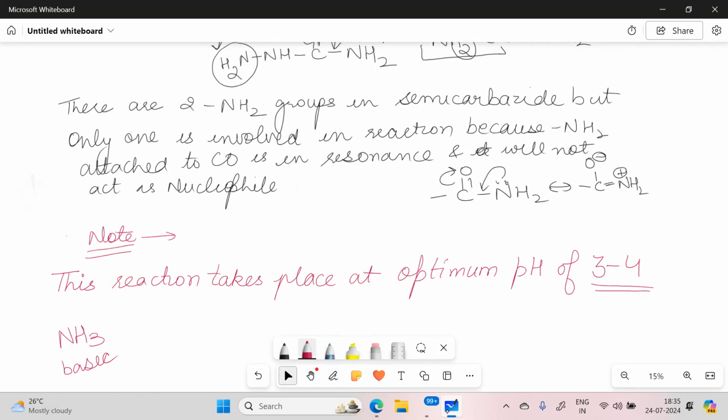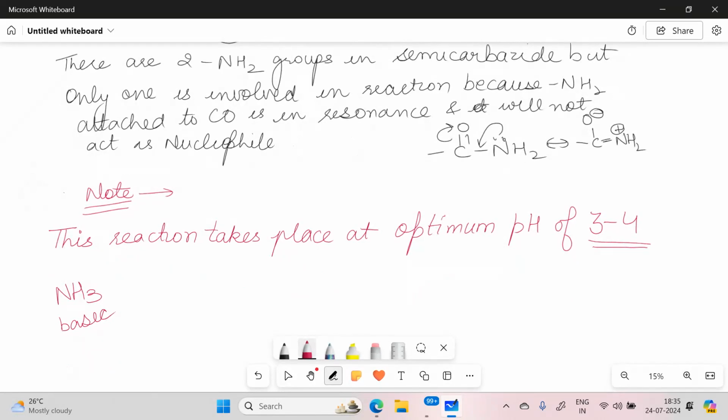Reaction will be very slow. So acidic medium is required for this reaction, but it should be a weak acid, not a strong acid. In strongly acidic medium, they can form salt, and if salt is formed, they do not act as a nucleophile and the reaction won't take place.